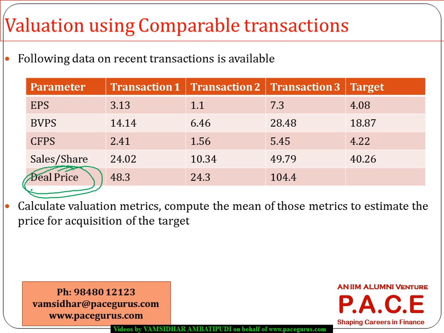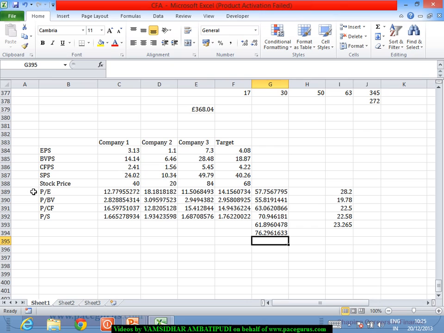And after that, based on the acquired price, I will try to compute the ratios. In this case, let me try to picture it out. I have taken the same numbers, but in addition, I am just putting the deal price instead of the stock price.